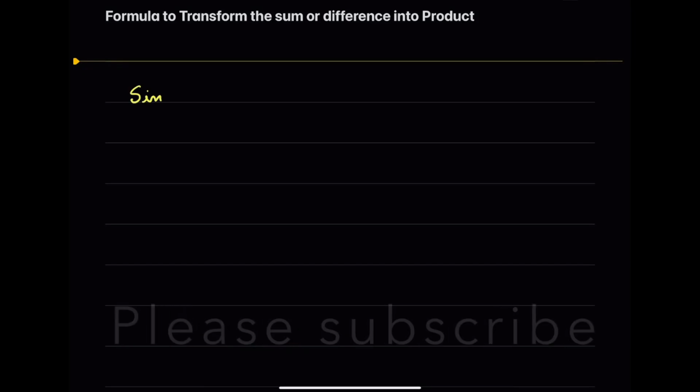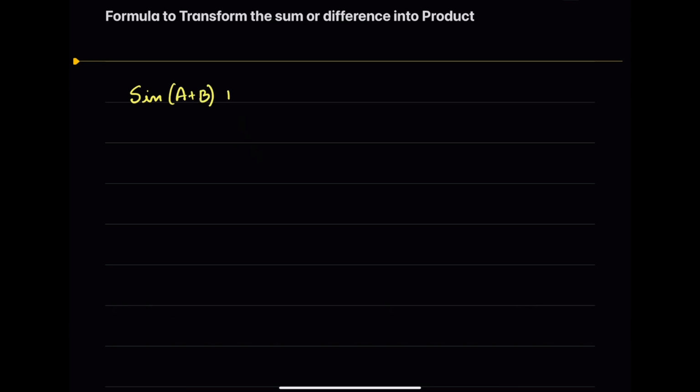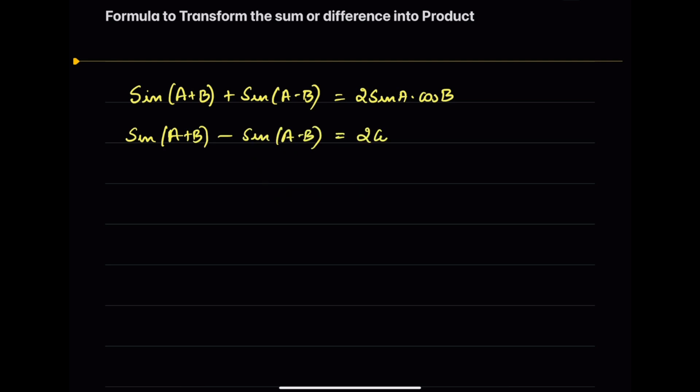In the previous videos, we learned the formulas for transformation. Sine of a plus b plus sine of a minus b will be 2 times sine a cos b. Similarly, sine of a plus b minus sine of a minus b is equal to 2 times cos a sine b, and cos of a plus b plus cos of a minus b is equal to 2 times cos a cos b.